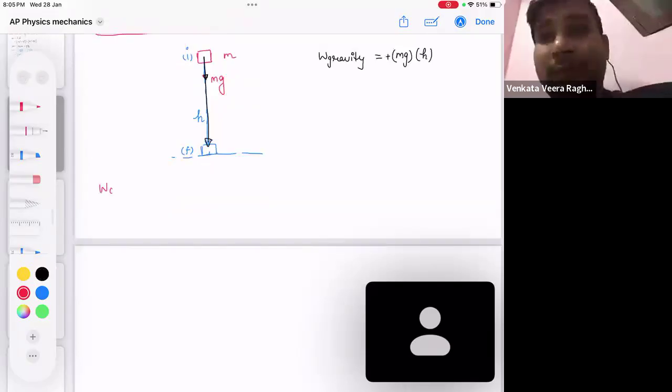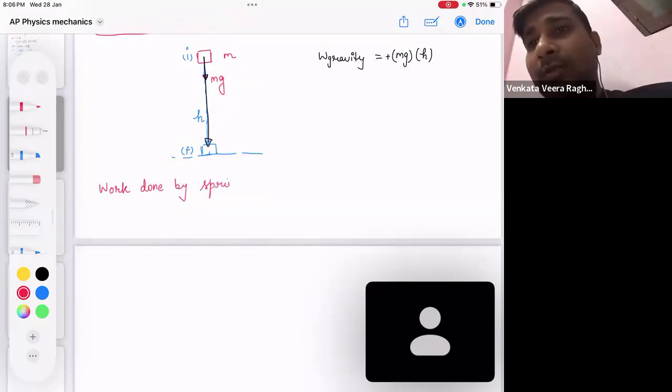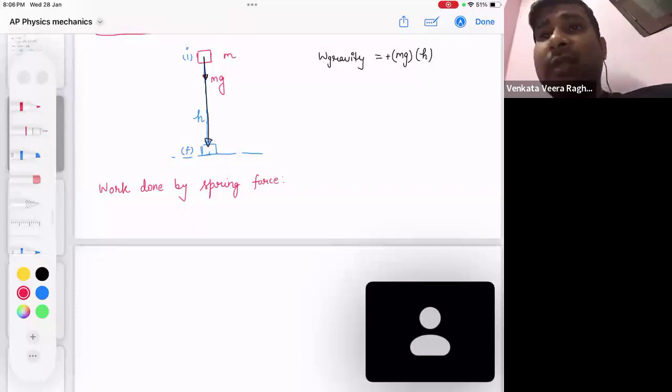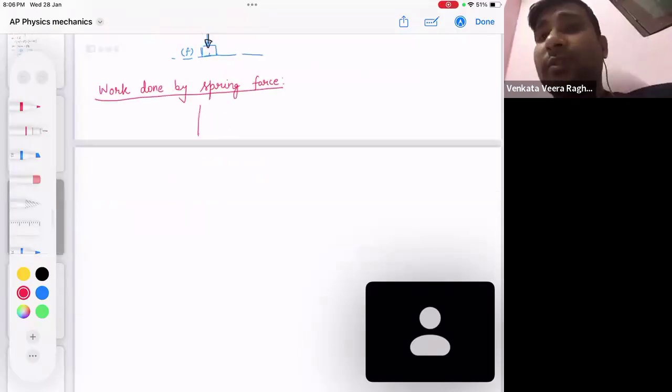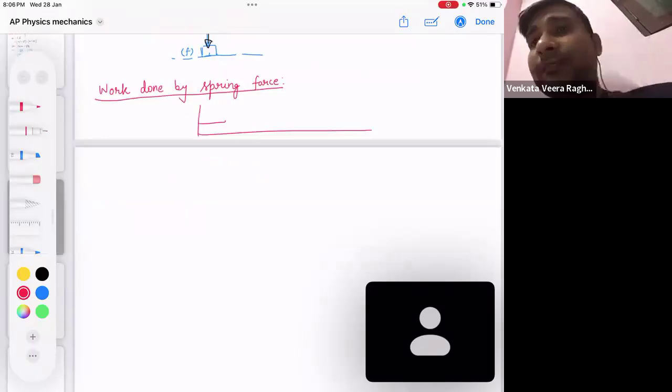If you want to calculate the work done by spring force, how do we calculate it? Now, spring force is not a constant force, it is a variable force. Why is it a variable force? Let's say there is a spring, this is the natural length of the spring, and the spring has a spring constant k. Now, you know the spring force.